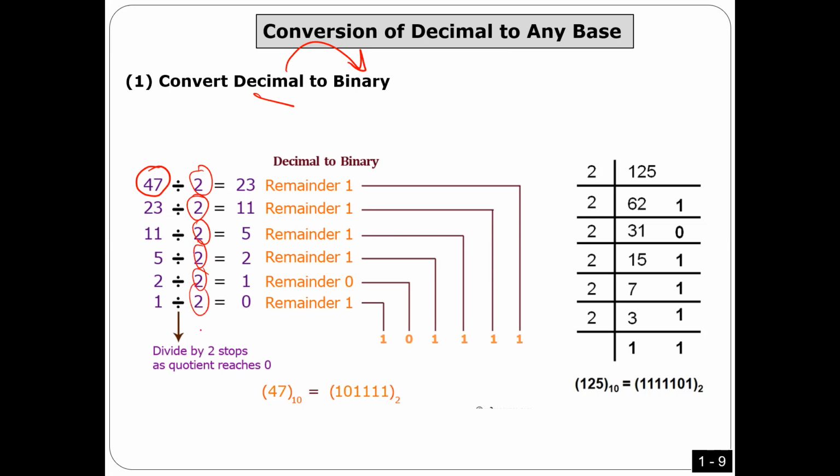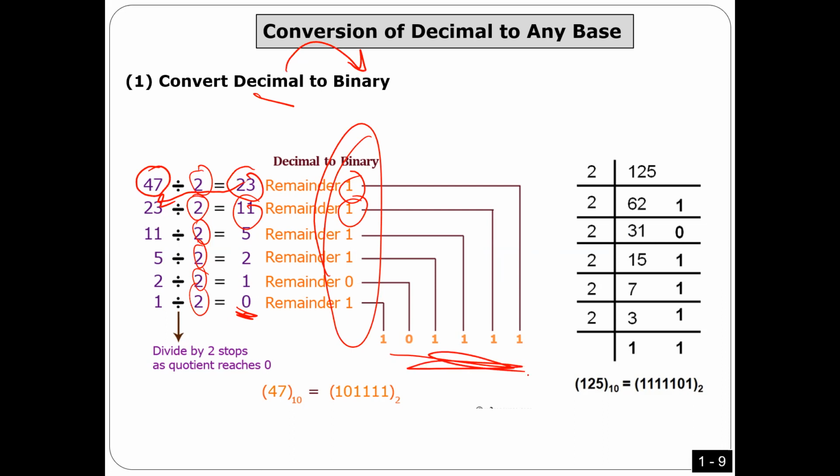When I divide by the base, there is a quotient and there is a remainder. Then I'm going to take the quotient again, divide it by 2, and get a quotient and a remainder. I'm going to continue this way until I get 0. Once you get 0, you stop. These remainders make the binary number.